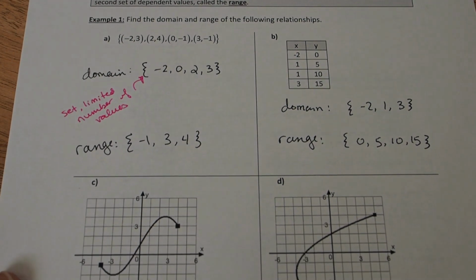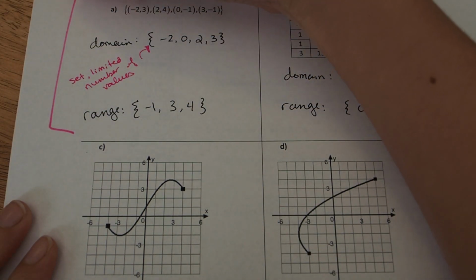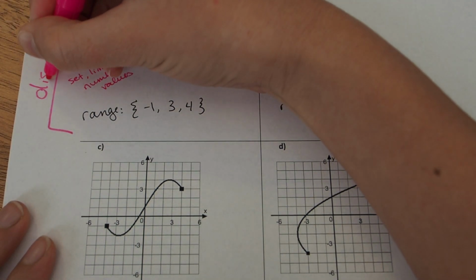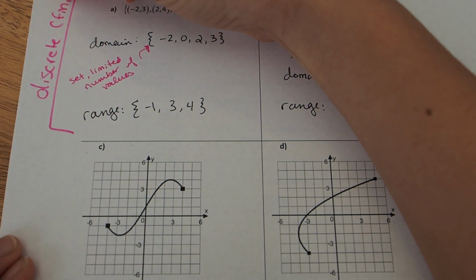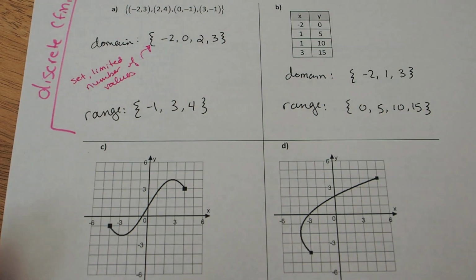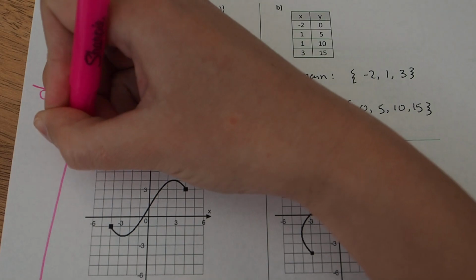All right. Now, these two examples were both, like I said a moment ago, discrete. Discrete means there are a finite number of points. The next two examples are not considered discrete.